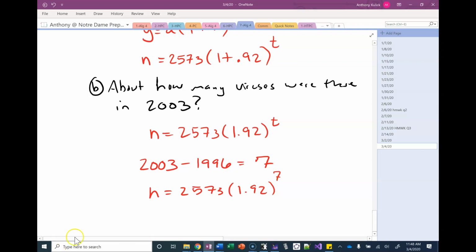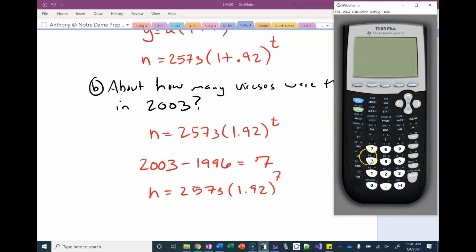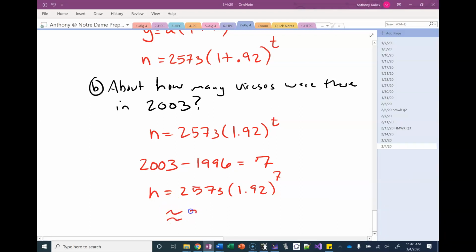And so now we'll just go to our calculator and type this in. So I get 247,485 if I round to the nearest virus.